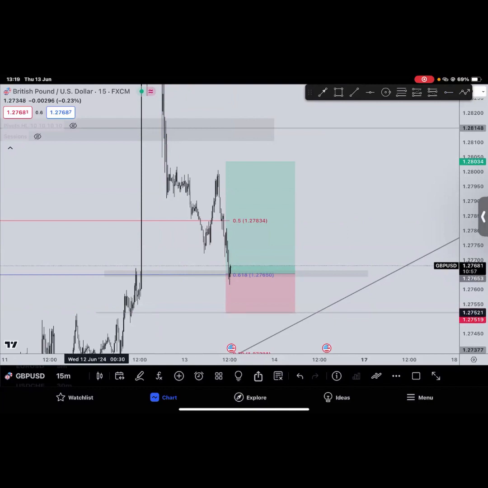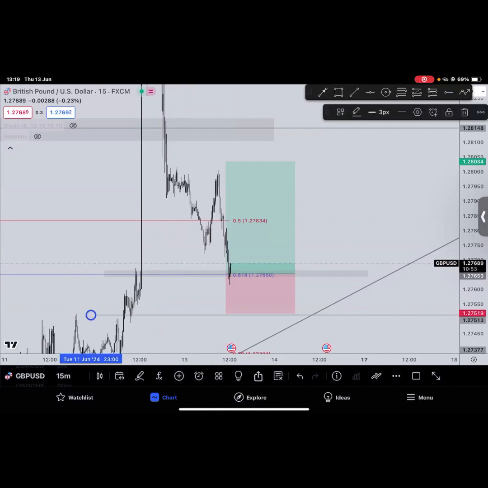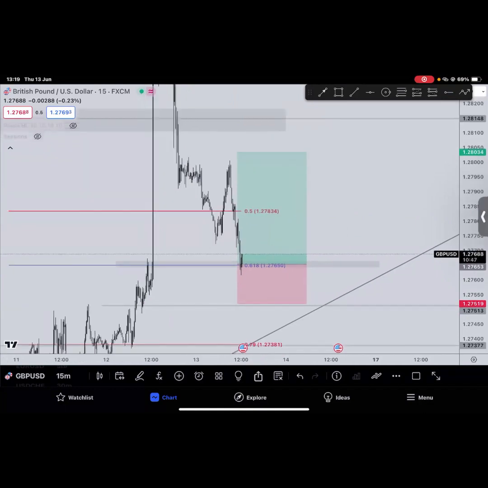Your stop loss should be 1.2751. The trade is already spiking, so the stop loss is 1.2751. This is GBP USD, 1.2751.